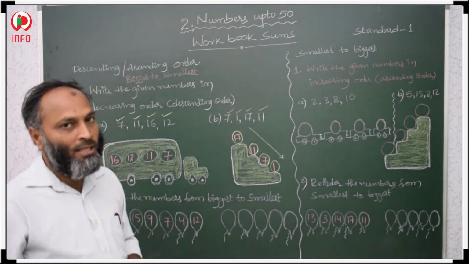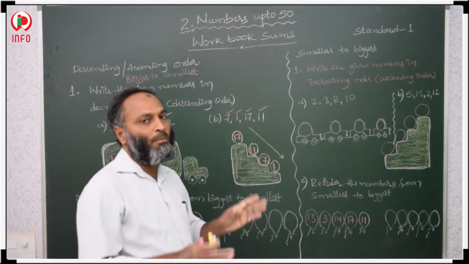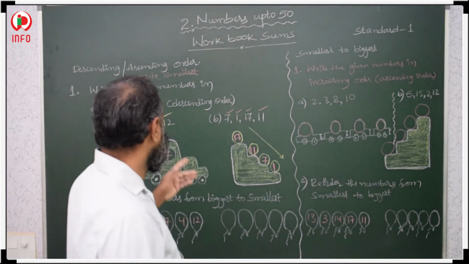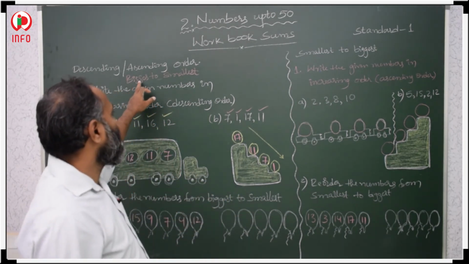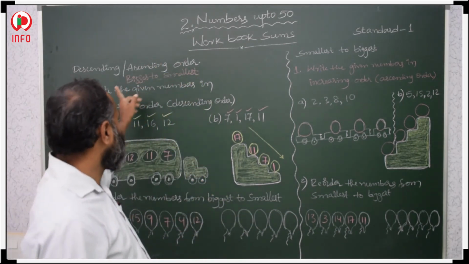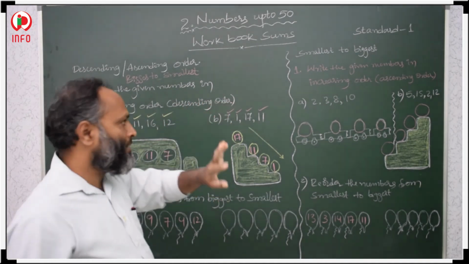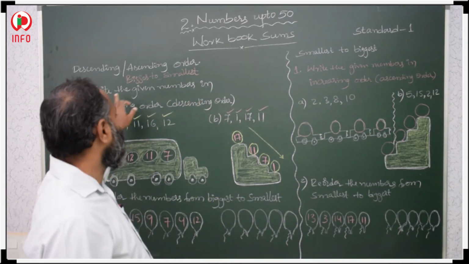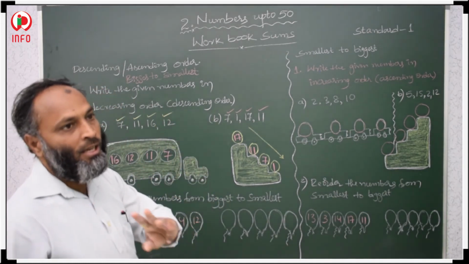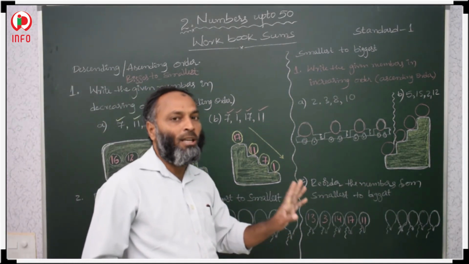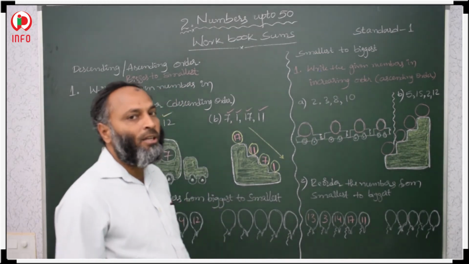Descending order means decreasing order. Decreasing order means from bigger to smaller. So whatever the wording, that is your task. The three ways are the same only, descending order only.